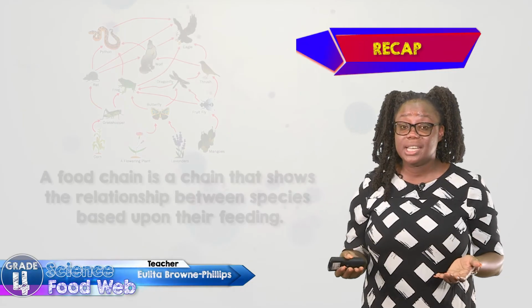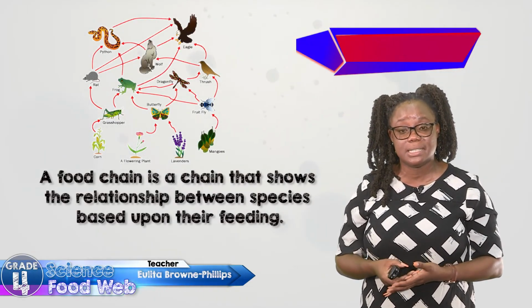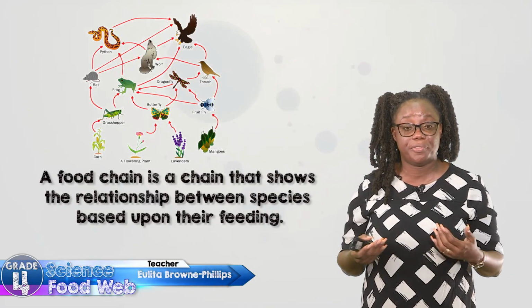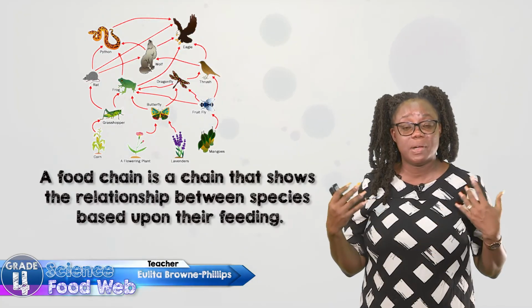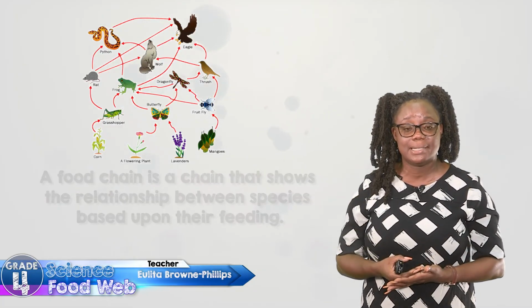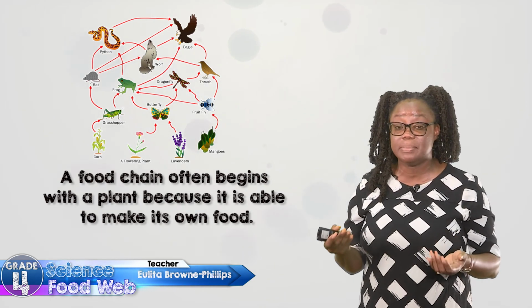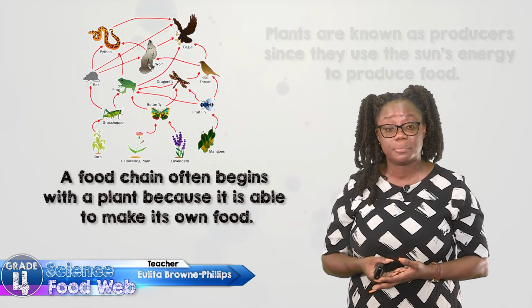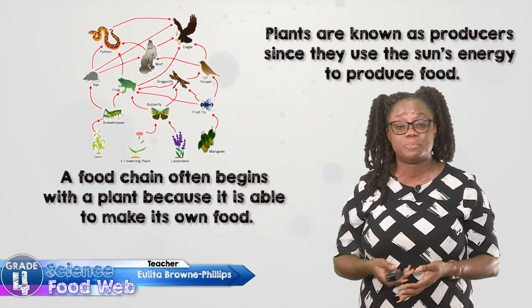A food chain is a chain that shows the relationship between species based upon their feeding. It shows the feeding habits of animals living in a given habitat. A food chain often begins with a plant because it is able to make its own food. Plants are known as producers. They use the sun's energy to produce food.